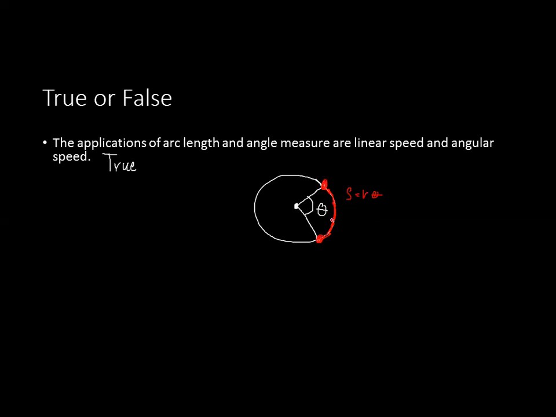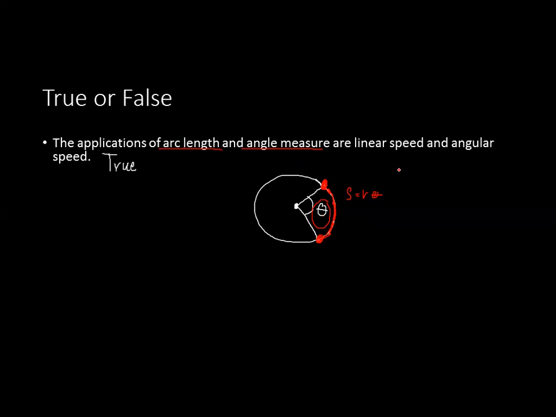So what would be the total distance? The total distance traveled would be your arc length. And as you can see, we have an angle given here, so that is already self-explanatory for the application of angle measure. And of course, I forgot to mention, finding the distance between the two points in a circular motion is the application of arc length.